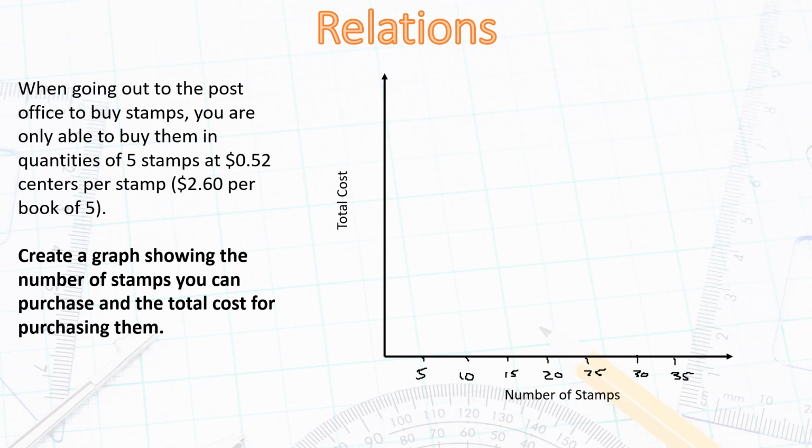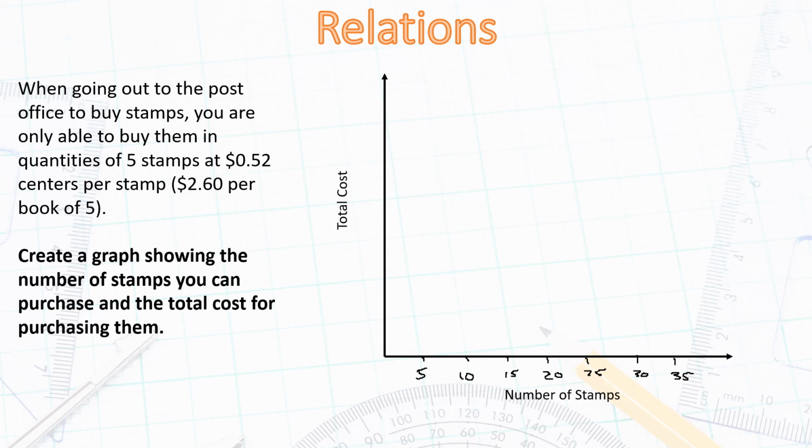Stamps is the domain, so the more stamps you buy, the more the costs increase. Now you could make the argument that the higher the cost, the more stamps you have bought. Probably true, but I mean the cost could also include other things, so it's sometimes reversible, sometimes not. In this case, we were told stamps is the domain, total cost is the range.